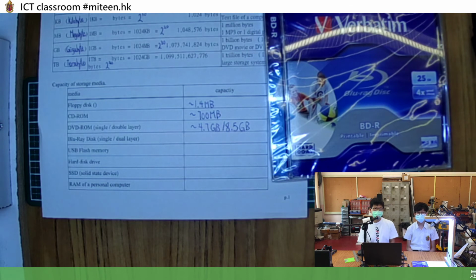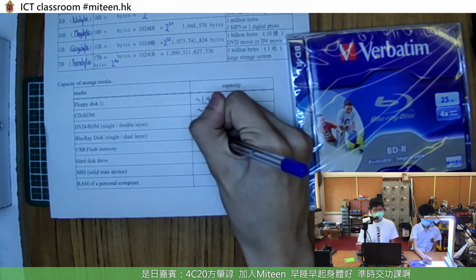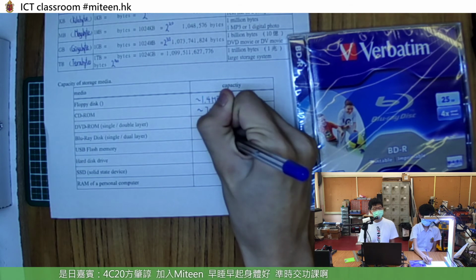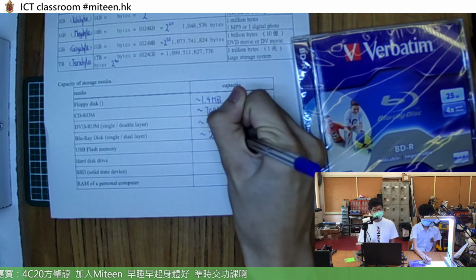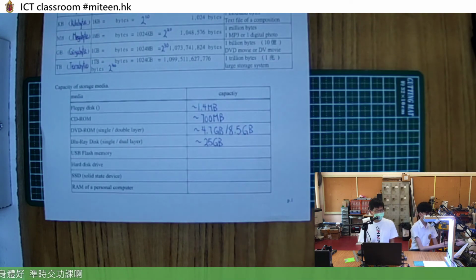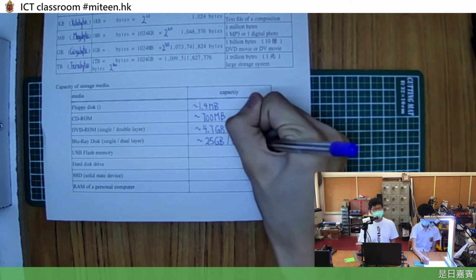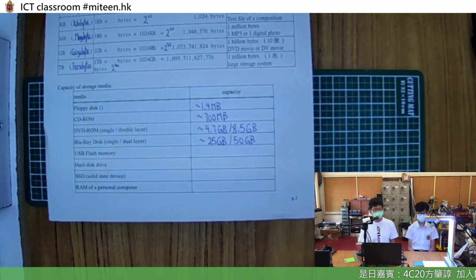The capacity of a Blu-ray disc is very, very big. It's about 25 gigabytes for a standard single layer Blu-ray disc. For a dual layer Blu-ray disc, the capacity is up to 50 gigabytes, which is about 10 standard single layer DVD-ROMs.